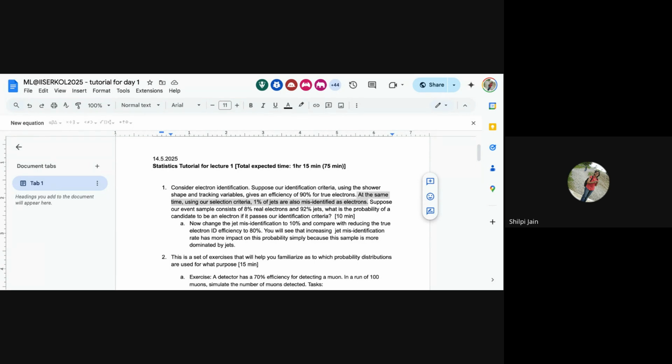Can someone tell me the answer? 88.6%. Yeah, perfect. I assume everyone has done this. You're giving me an approximate answer, it's actually 88.6%.